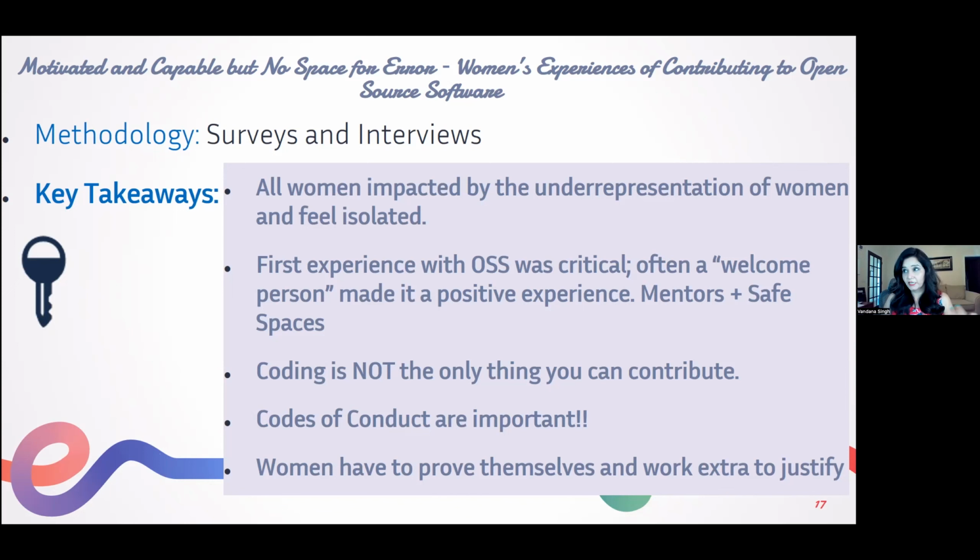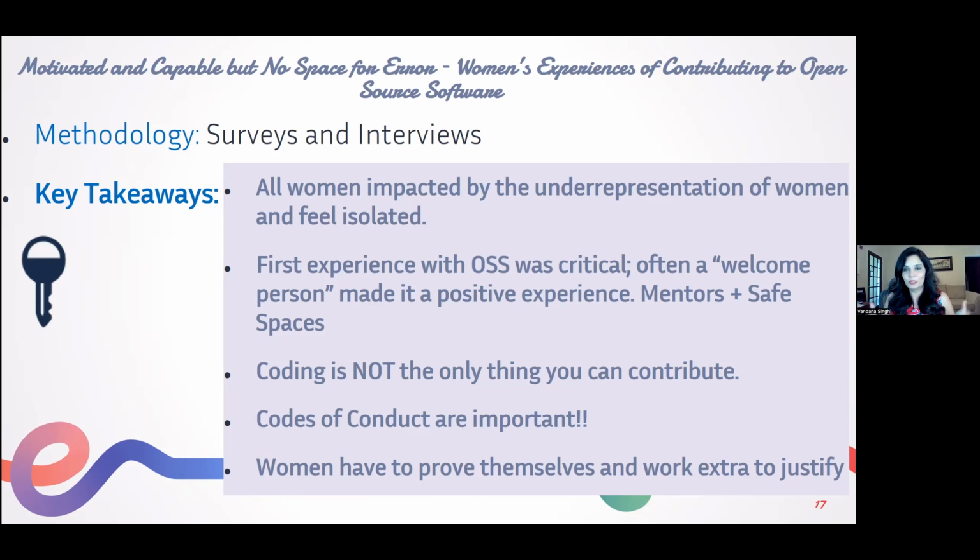The key takeaways from this particular project were that all the women that I talked to, that I surveyed, are impacted by the underrepresentation of women and feel isolated. Many of them reported being the only one in a particular open source project or in a meeting or in a room, and sometimes feel isolated because of that. And sometimes they feel like they have to speak for every woman out there.